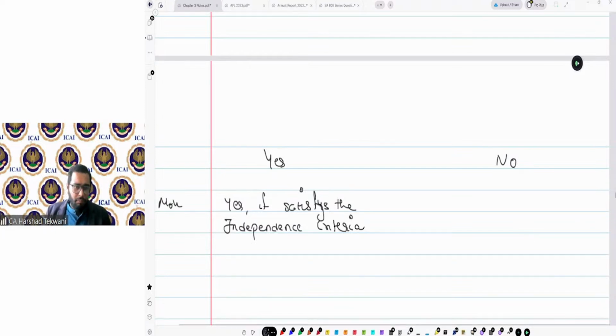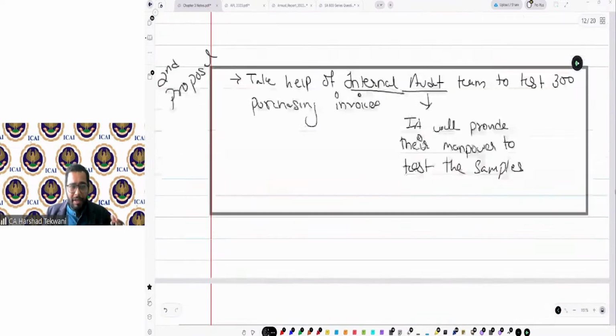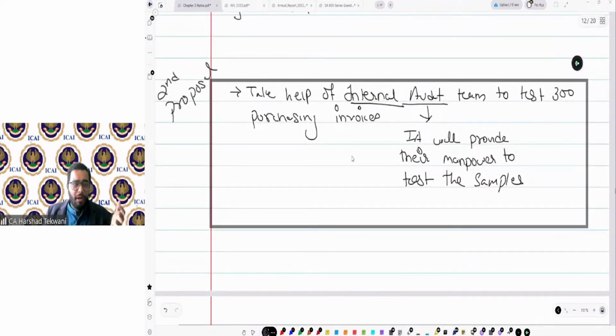Come on. Why, Charu? Any reason behind your answer, or any logic for not accepting the proposal? I'm talking about the second proposal, where they are saying, okay, use the help of internal auditing.